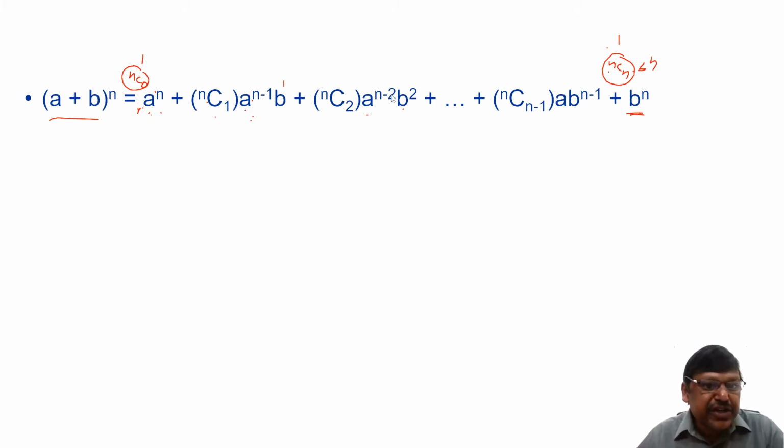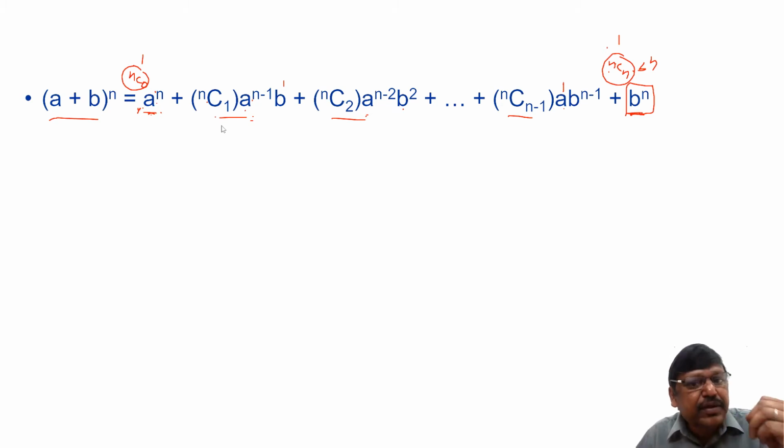If you see this expansion, how many terms have no a in them? The power of a is coming down, and only the last term is not having a. Except the last term, all other terms have a in them, which means each of these terms is divisible by a exactly.